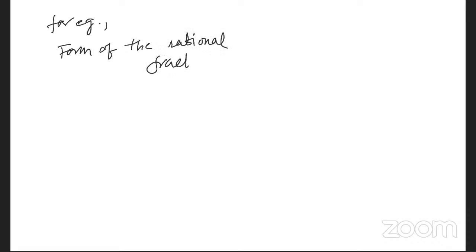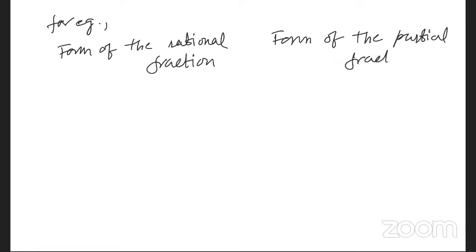For example, the form of the rational fraction and the form of the partial fraction. So what is this going to be?